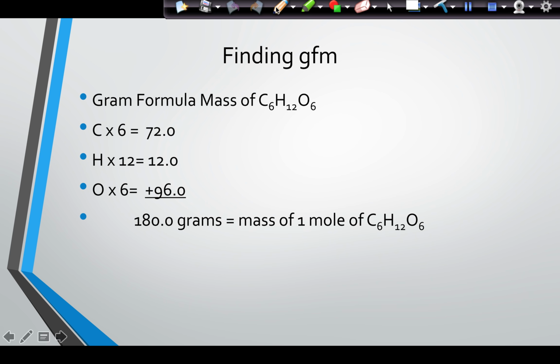When you are finding the gram formula mass, remember that you are supposed to take the subscripts times the atomic mass on the periodic table. I usually round to the tenth before I multiply. Then you add those numbers up.